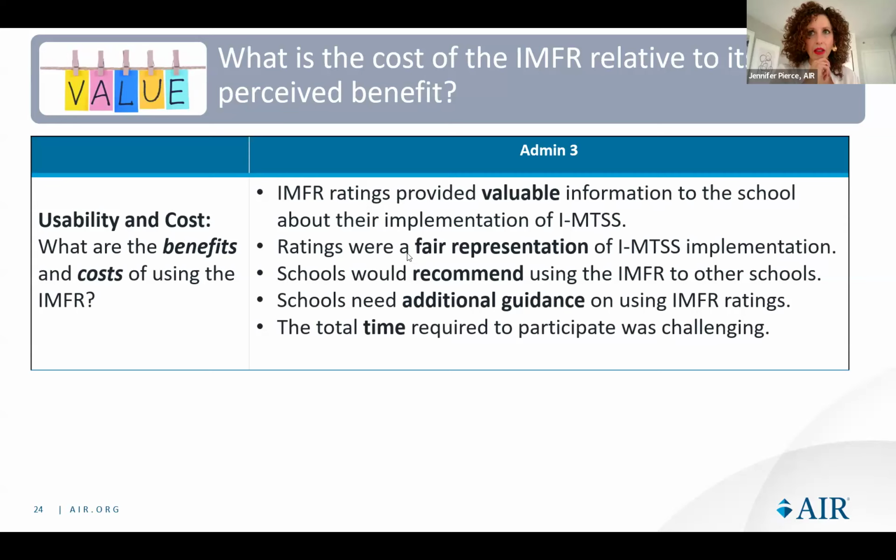And so in the tool and in the ratings, schools can understand how they rated on each of those 3 features, so that they can see in reading, for example, in tier 1, we really don't have evidence-based curriculum in place in reading, but we do in social emotional behavioral. So they can drill down and use that information to better understand what their strengths and weaknesses are, and then better improve where they go from there.